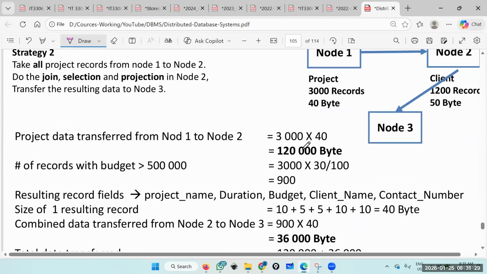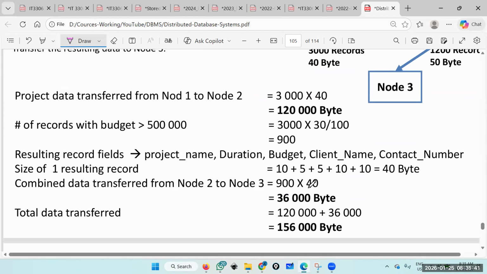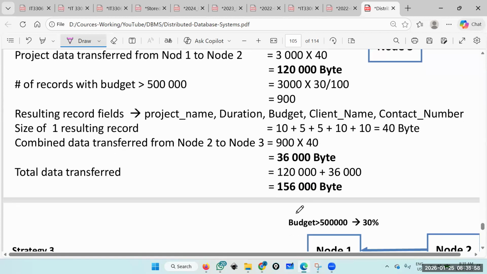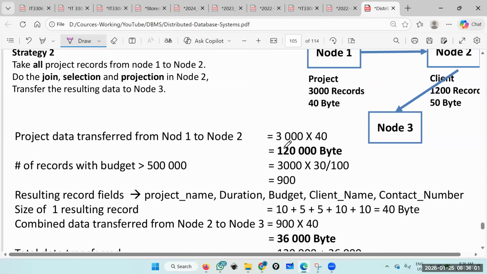In this question, they have taken only 30% of that data, right? No. You take all 120,000, right? Yes, you take 120,000. So all the data is taken, right? No sigma there.